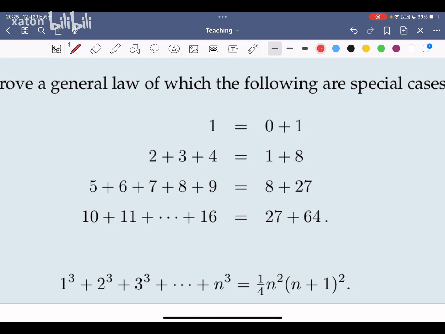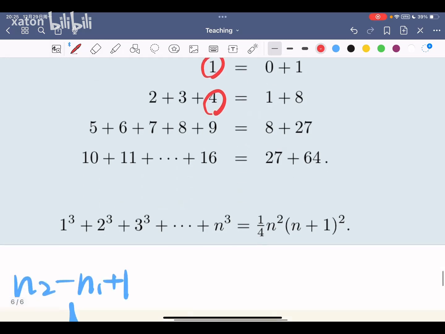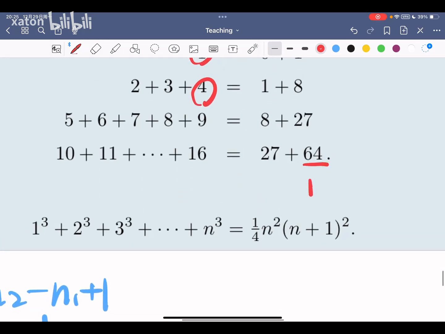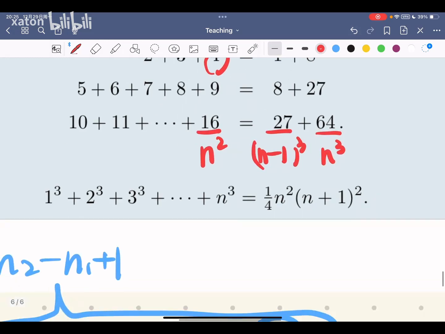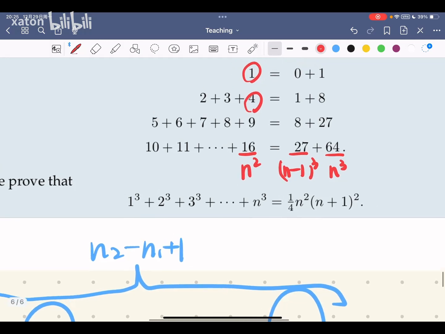What we spot here is that they are all square numbers. If we say this is n cube, this will be n minus 1 cube, because 64 is 4 cube, right? And this is 4 squared, so it will be n squared. This will be n minus 1 squared, right?